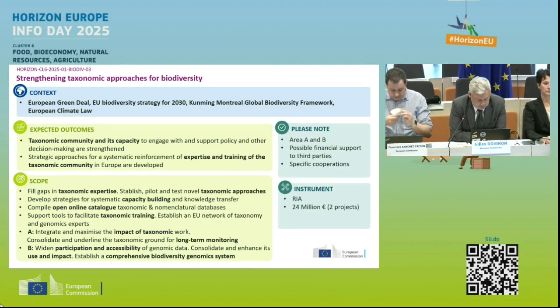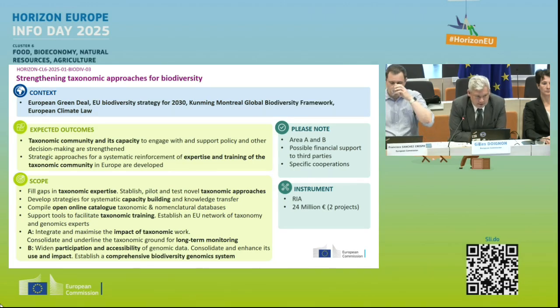The expected outcomes are really to ensure that the taxonomic community and its capacity to engage with and support policy and other decision-making are strengthened. We have been trying for years, and this is really the last push that we need to ensure the full use of taxonomy and genomics in protection, restoration and sustainable use of biodiversity.